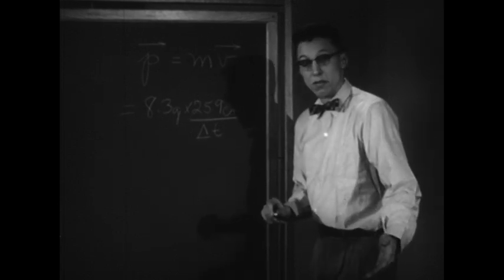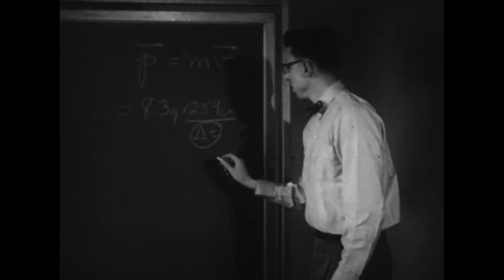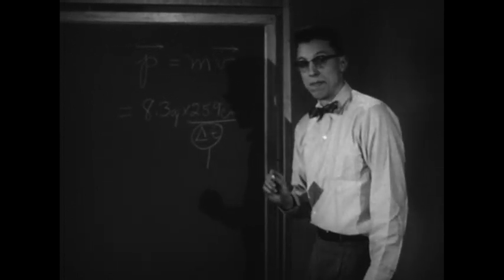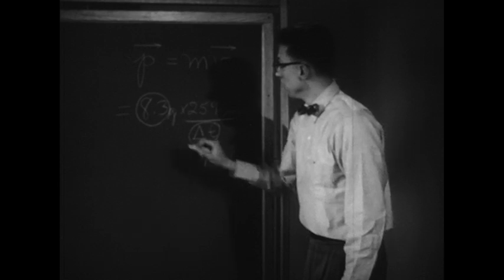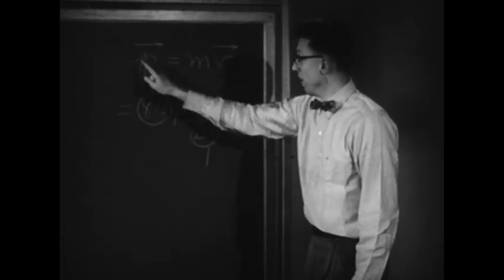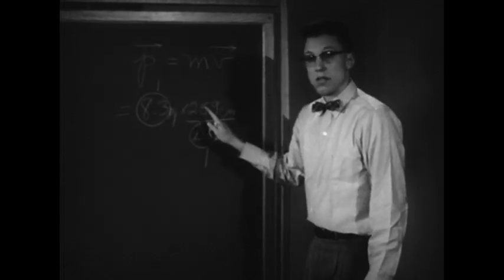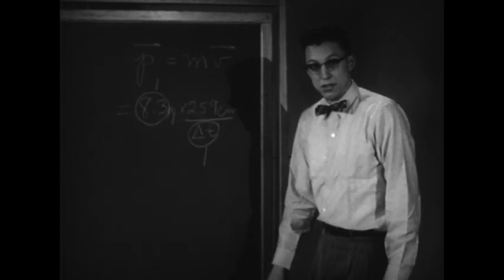But the time interval throughout the experiment is constant. So let me call this 1 unit of time. Also, let me call 8.3 grams 1 unit of mass, so that the numerical value of the momentum is just 25.9.